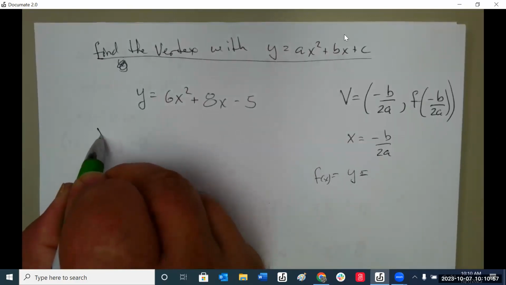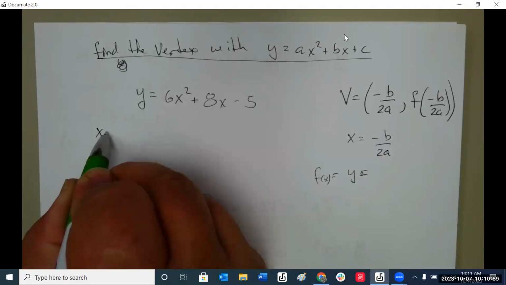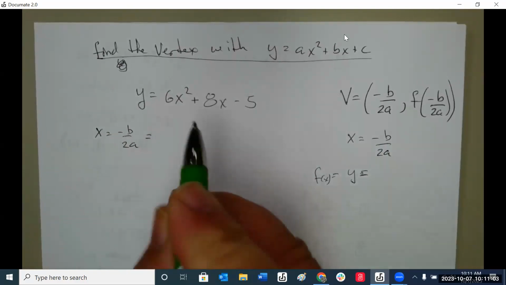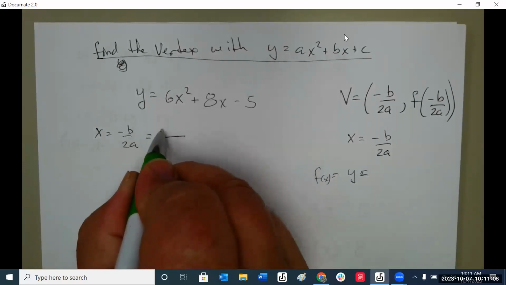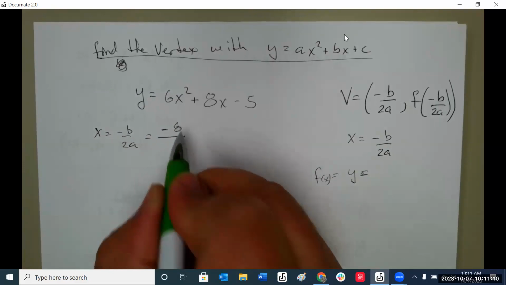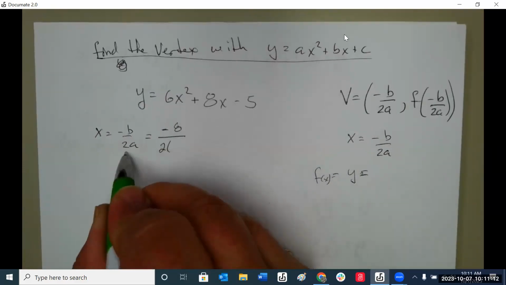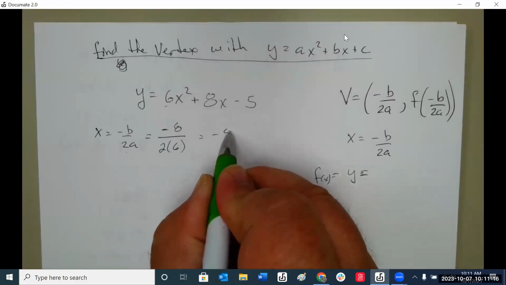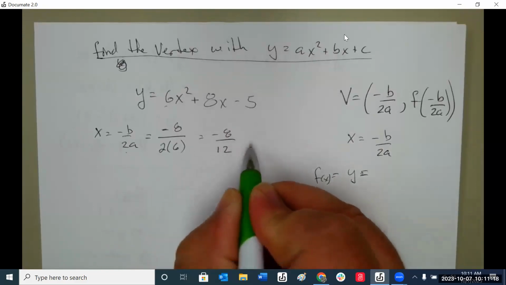So let's look at our vertex. The x value is negative b over 2a. Negative, what is b? What's a? We have negative 8 over 12.